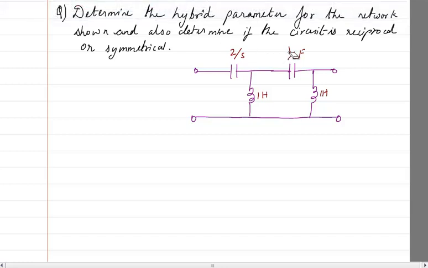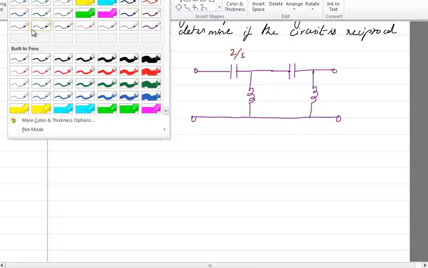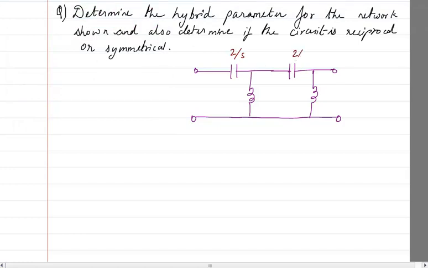Similarly, this one also becomes 2/S. 1 Henry will become S. So I will write here 2/S, this is S, this is also S, plus minus V2. This I will write as current I2. This I will write as current I1, plus minus V1.